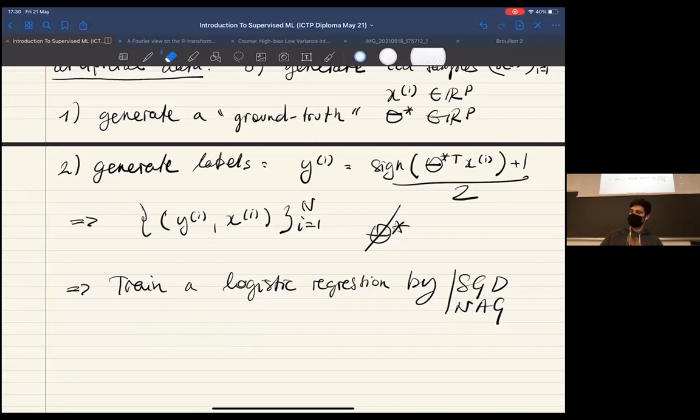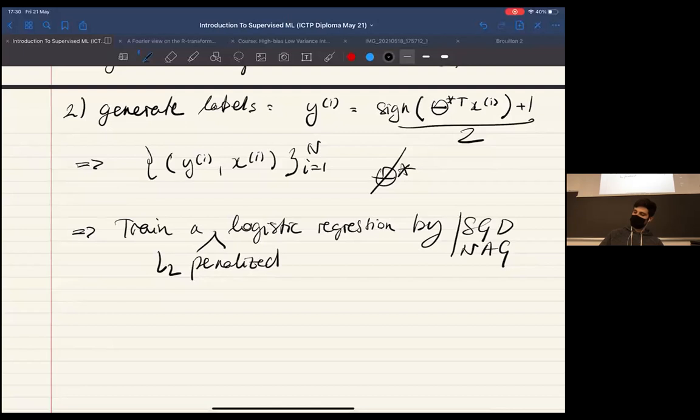But actually, now I want you to do something slightly different. Train an L2 penalized logistic regression. What this means is that the cost will be the cross entropy plus L2 penalization.